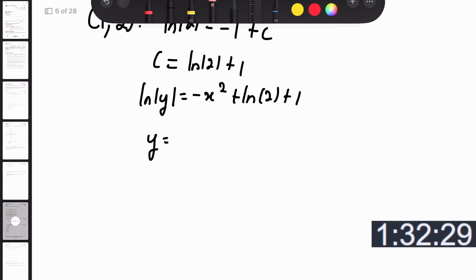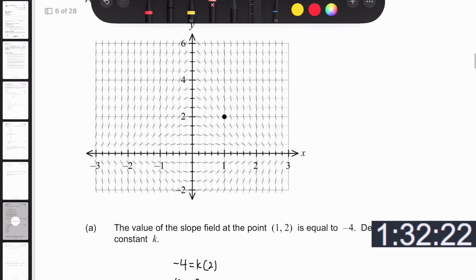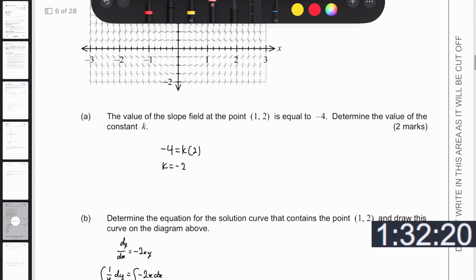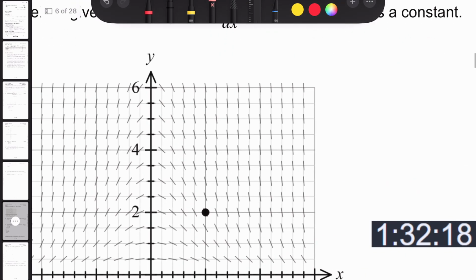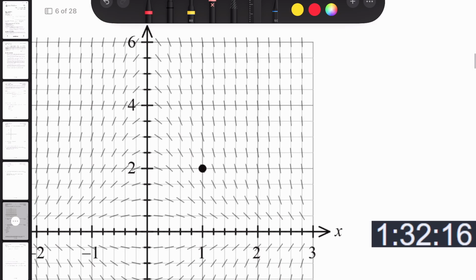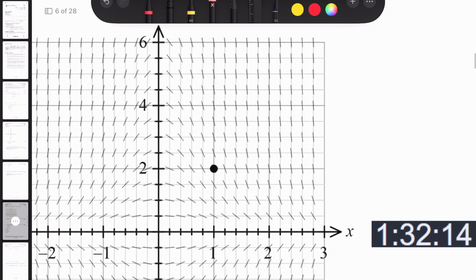Y is going to equal 2e^(1 minus x squared). And the point 1, 2. It looks like I'm just going to follow something like this.